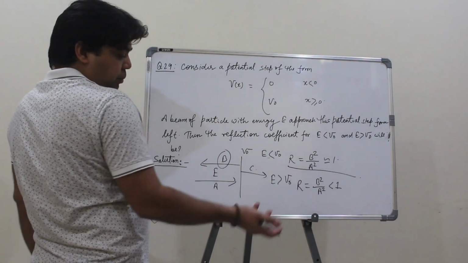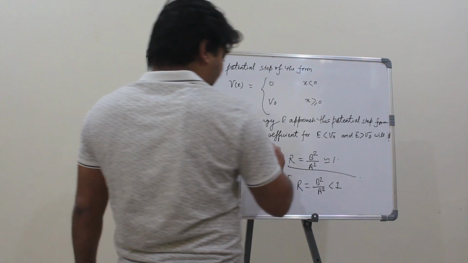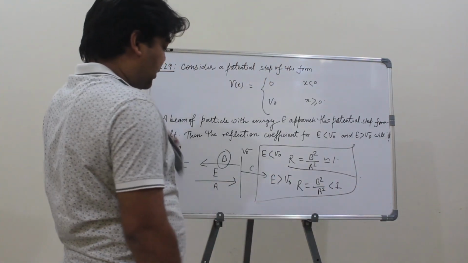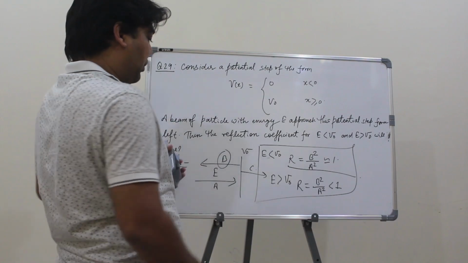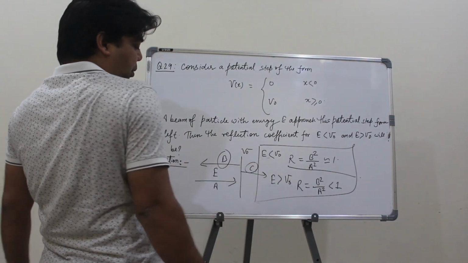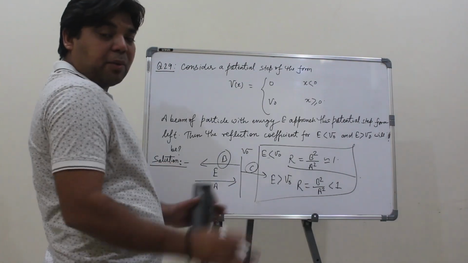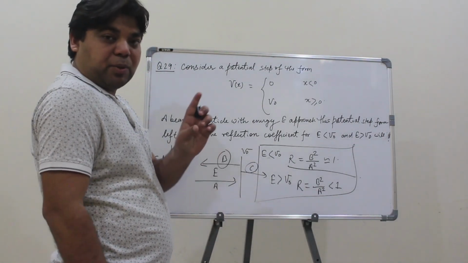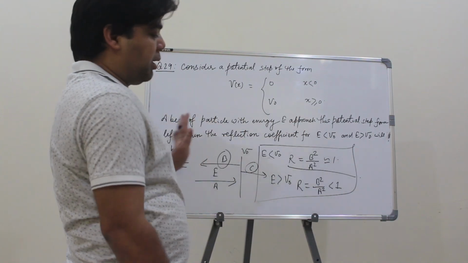So this you will remember whenever it is asked. There will also be a transmission coefficient, which is C squared by A squared. When you sum both the reflection and transmission coefficients, it will give you 1. So accordingly, it has been divided.